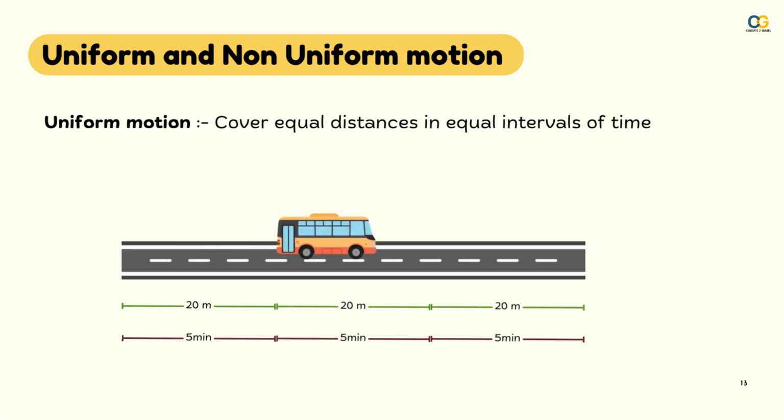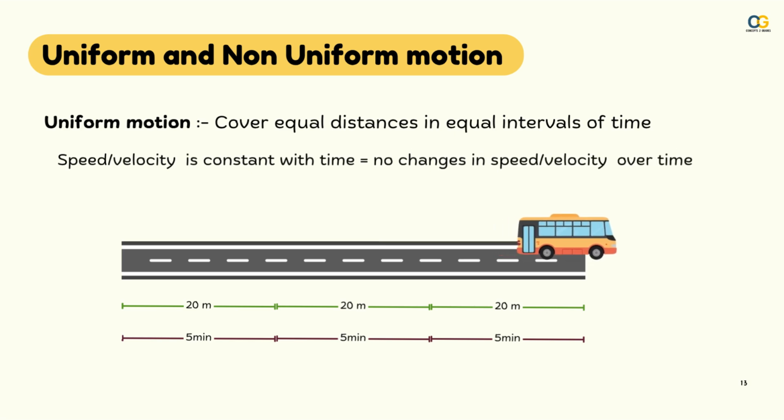In every similar equal interval of time, it is covering the same distance. Hence, this is called uniform motion. Here, the speed or the velocity is constant with respect to time. There is no change in the speed or velocity over time.